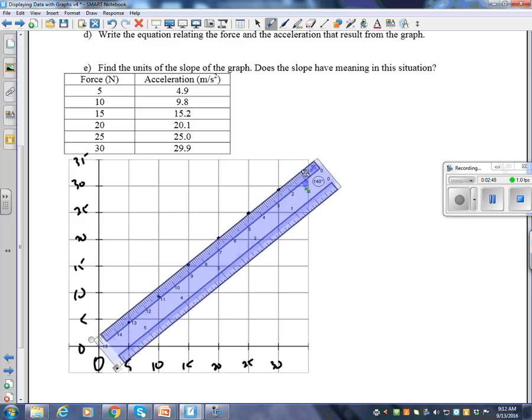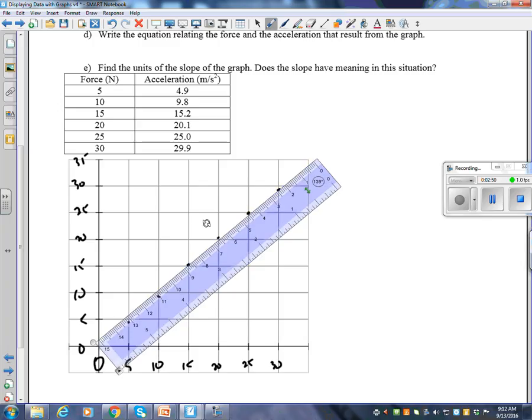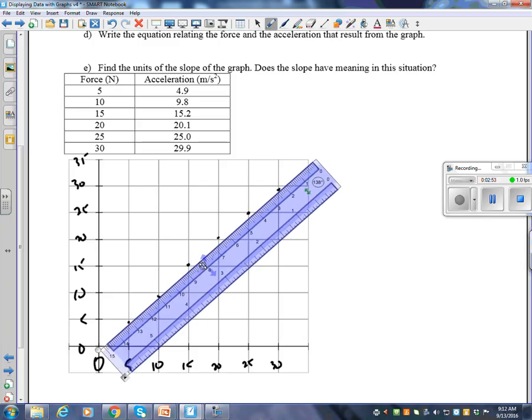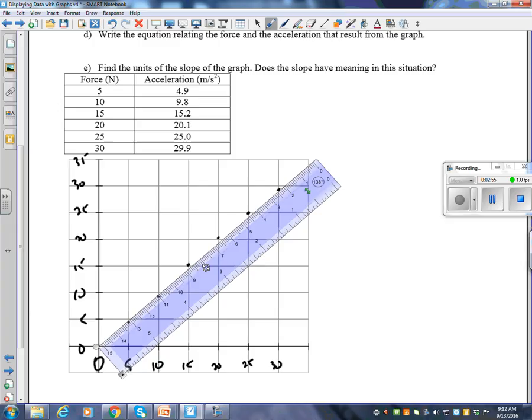And it's an estimation. There are certain statistical analysis ways of figuring out the line of best fit, but for our purposes, the straight ruler, line of best fit, the eyeball method is perfectly valid.